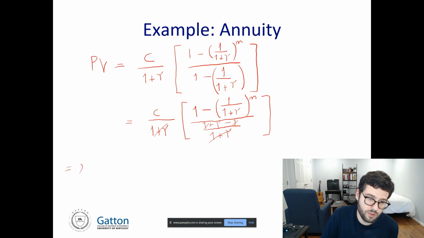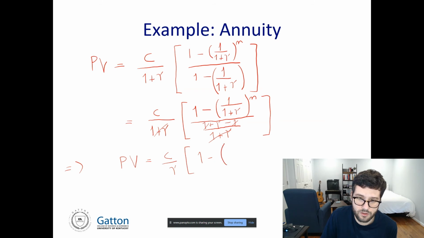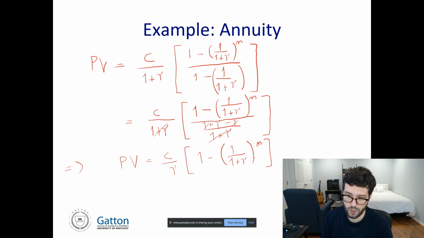So this is going to simplify to the following. The present value of this annuity is going to be C over r multiplied by 1 minus 1 over 1 plus r to the power n. Okay?